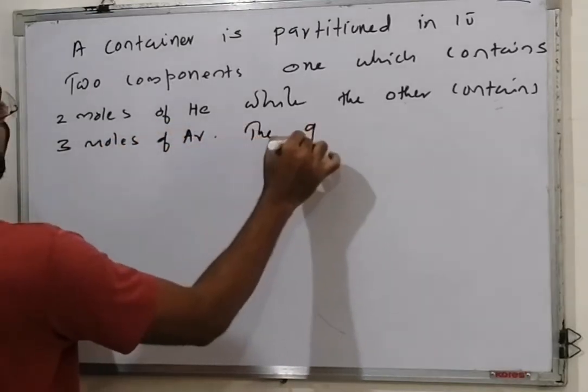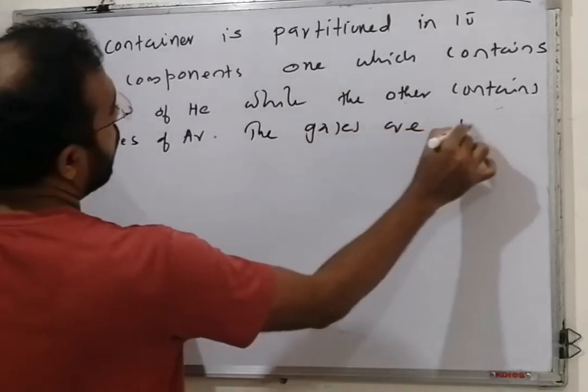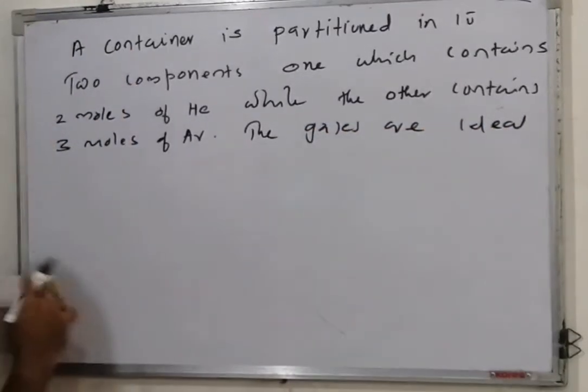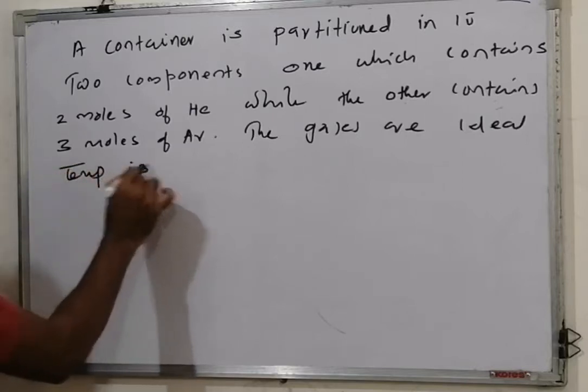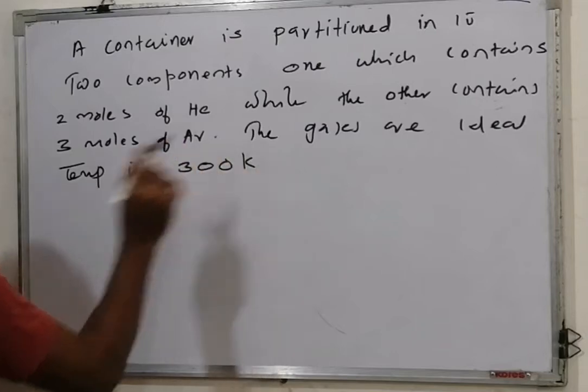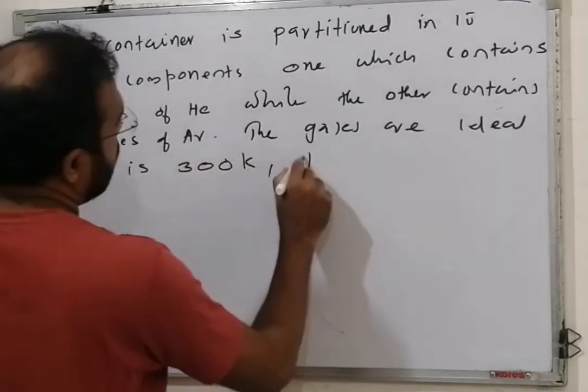The gases are ideal. The temperature is 300 Kelvin. Pressure 1 bar.